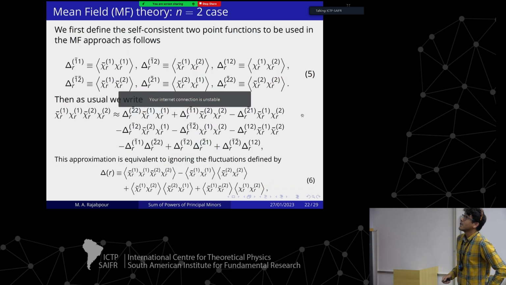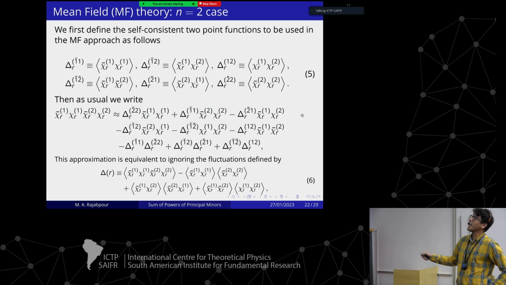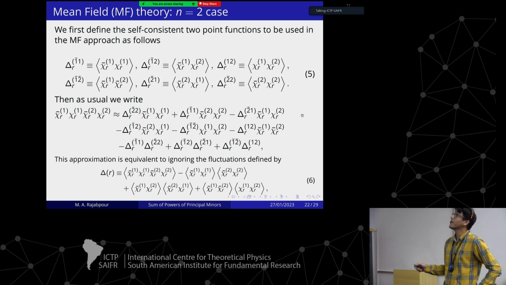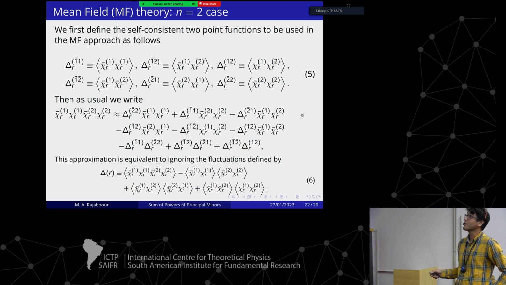Okay. So this is the easy thing one can do. For example, we can just write this chi bar and do the simplest kind of mean field theory that one might think of. So writing this for n equal 2, I can just replace this guy with these values, right?